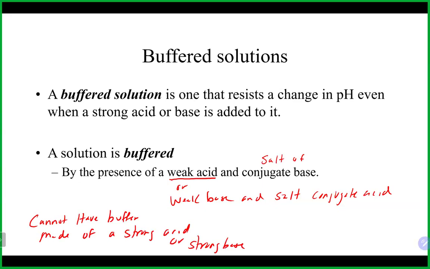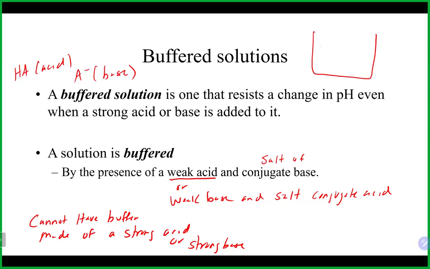So why does a buffer have to be a weak acid or a weak base and not a strong acid or a strong base? It's because the functioning part of a buffer, for example, if we call this HA the acid and A minus the base, needs to have both of those things in the solution at the same time.